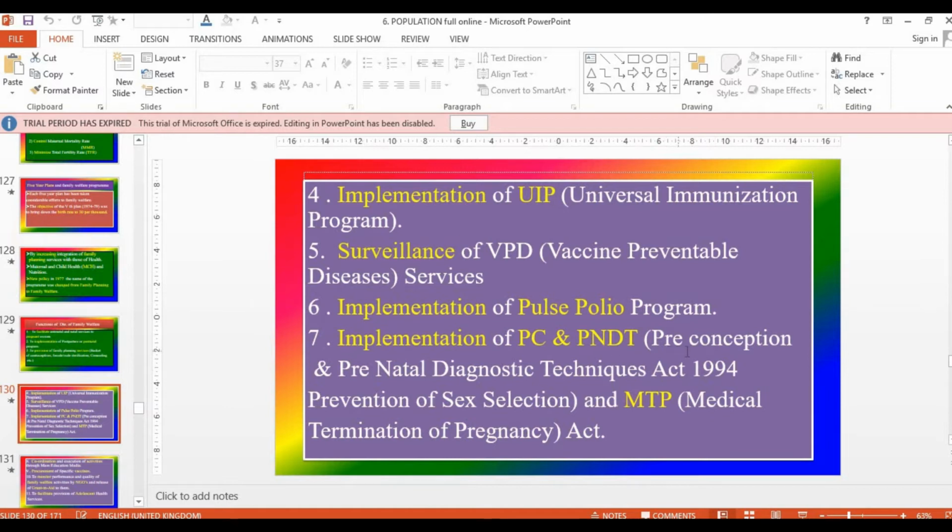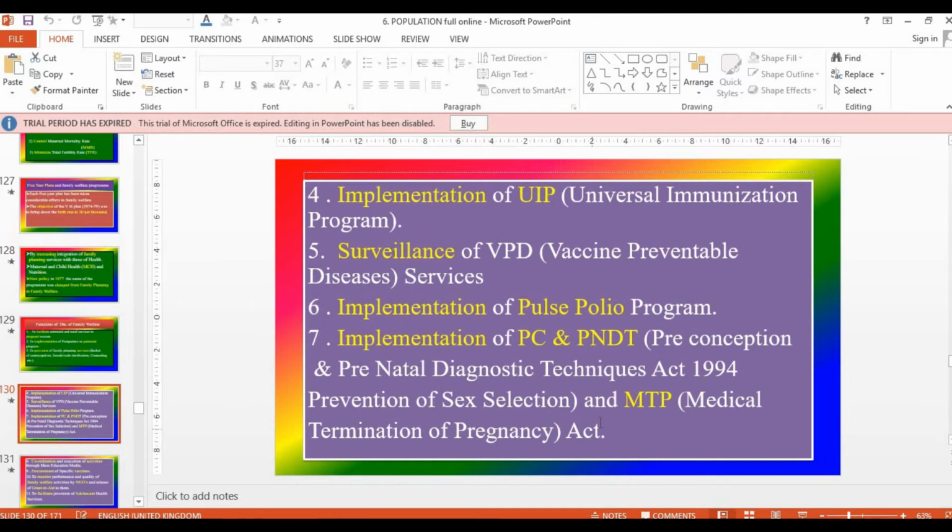Mainly the pre-conception and prenatal diagnostic techniques Act is to prevent sex selection. For example, modern technology used to identify the sex, and maybe abortion within the womb, is a punishable crime according to this legislation.